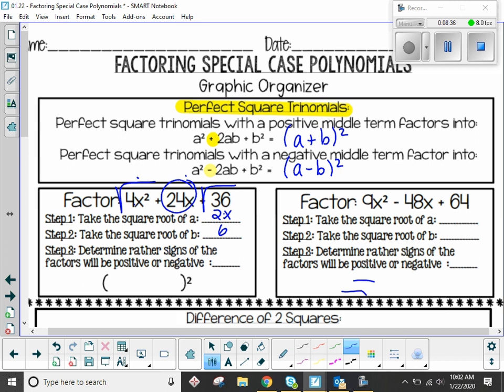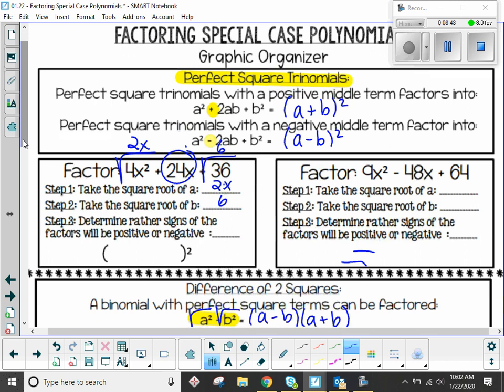So in this first example, factor 4x squared plus 24x plus 36. When you take the square root of the first thing, you get 2x. The last thing, you get 6. So that's going to go here, 2x. It's going to go here, 6. To decide on the sign, it depends on the sign between the first two terms.